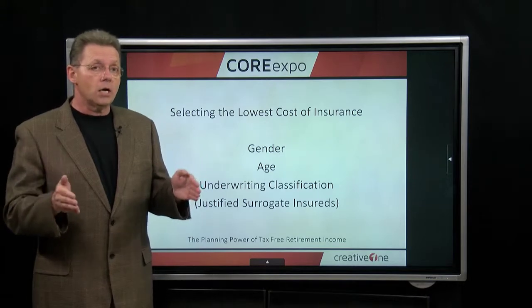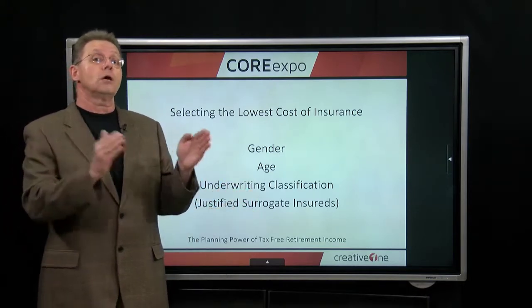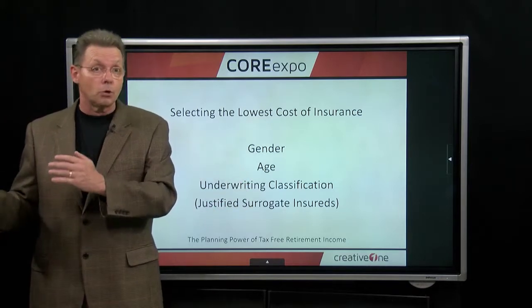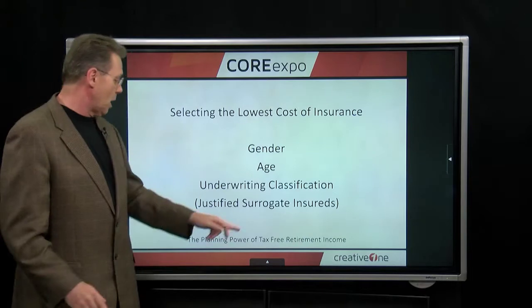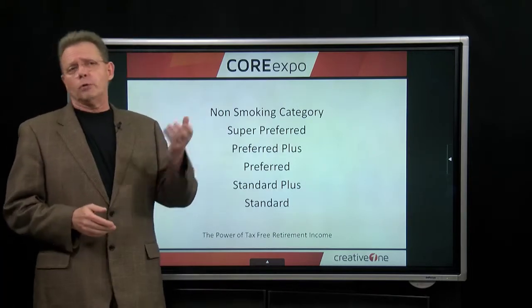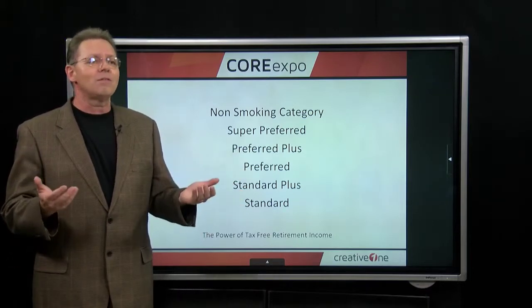So certain carriers, if I know I'm going to have a problem and I can't use a surrogate, I'm going to go to certain carriers because I know they're going to be benevolent, more benevolent than maybe my lead carriers that I would normally pick strictly on the basis of product. Now, when I came into this business, you were either a smoker or a non-smoker. That was it. We didn't do anything that we're doing today.